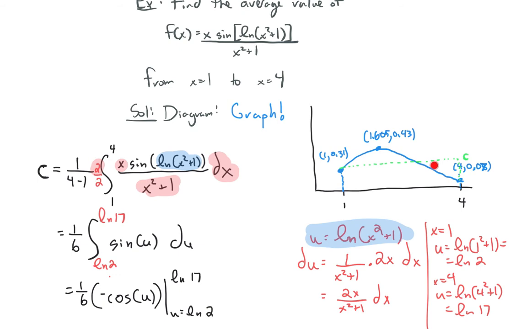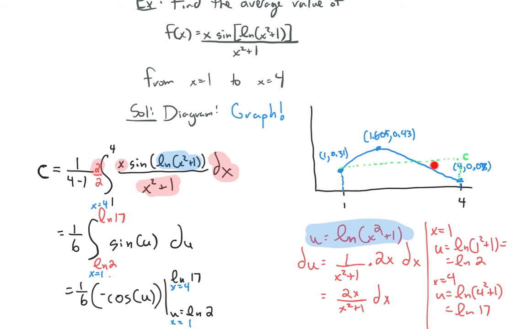What you could do instead, some people like to do this instead of figuring out the bounds of integration, is just put in x equals 1 and x equals 4 here, not resubstituting these. Then down here, they'll write it in terms of x, so x equals 1 and x equals 4, and resubstitute u in here.